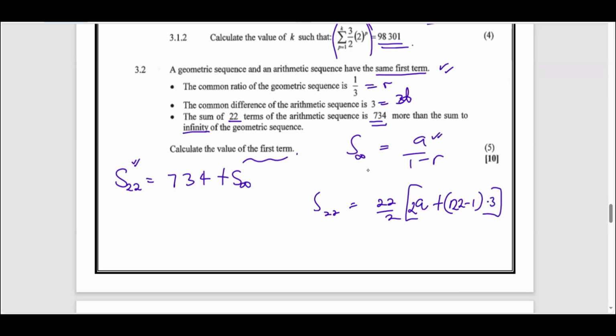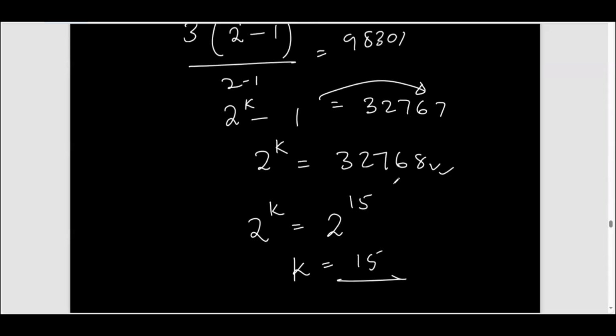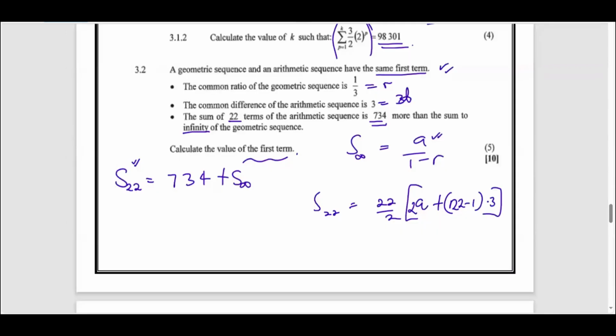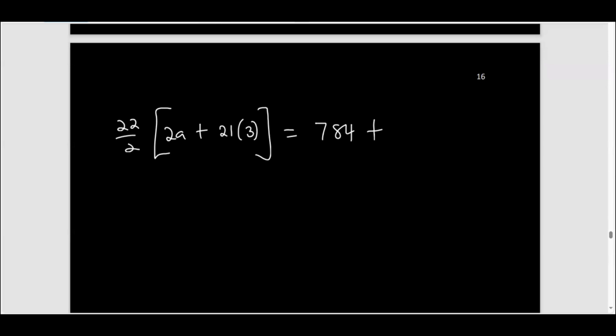Okay, let's see how this is going to come out. So I have 22 over 2 into twice a plus 22 minus 1, which is 21, multiplied by 3. This should be equated to 734, plus the sum to infinity, which is a over 1 minus 1 over 3.